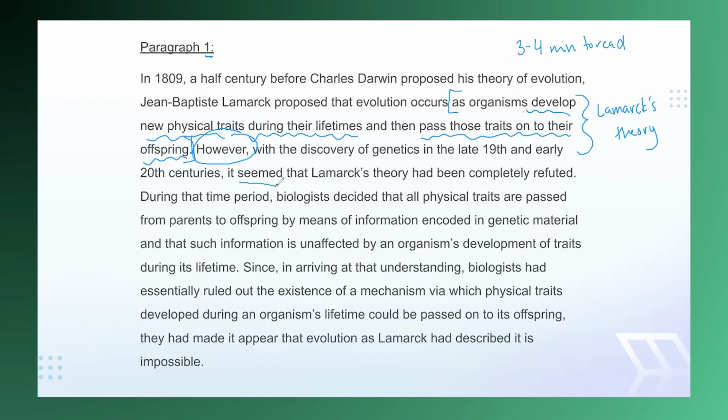It seemed, interesting, that Lamarck's theory had been completely refuted. So, completely refuted is obviously quite negative language, and it obviously goes against Lamarck's theory. So, this tracks with the however we saw earlier. But there's also this word seemed. That's tone language. And it suggests that maybe actually Lamarck's theory wasn't completely refuted.